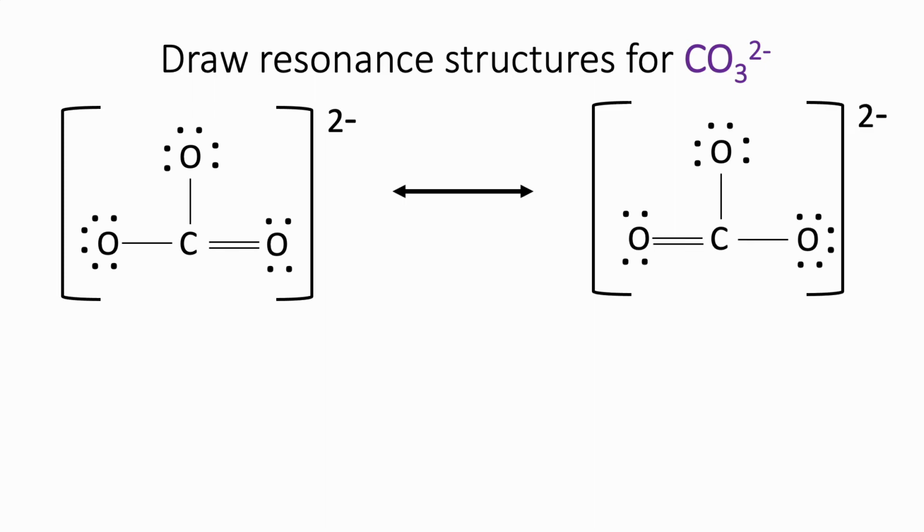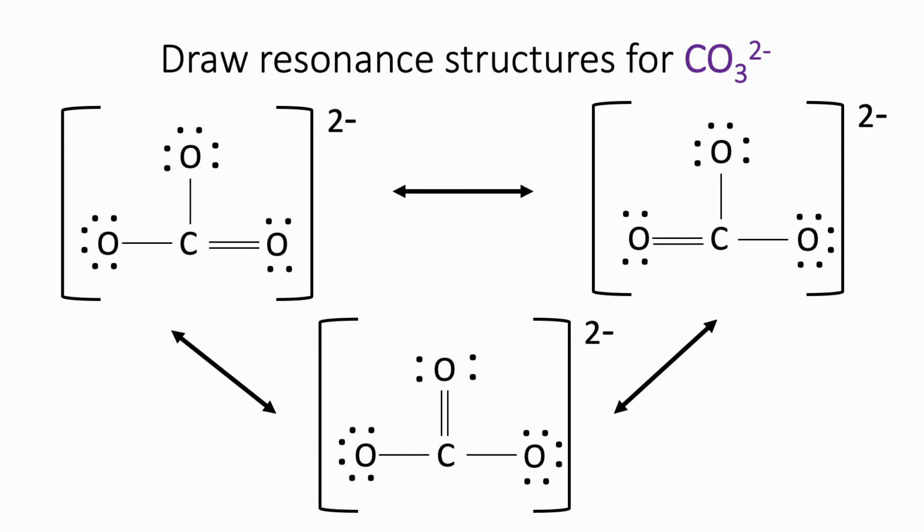It doesn't, because you can see it can also go to the oxygen to our left. Notice I've put a double-headed arrow between these structures. That indicates that the electrons can move back and forth between these structures. And then, of course, there's that third oxygen, which could also have a double bond. So this has 3 different resonance structures that the electrons can move between.